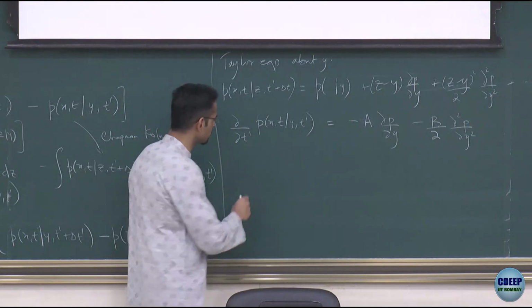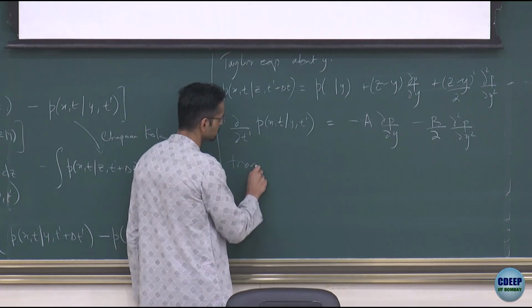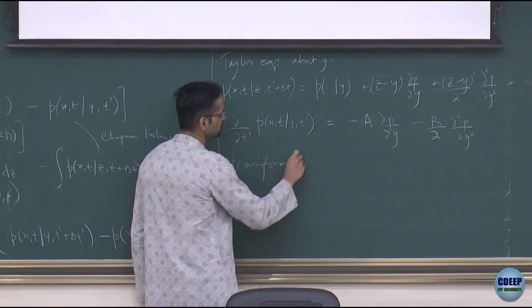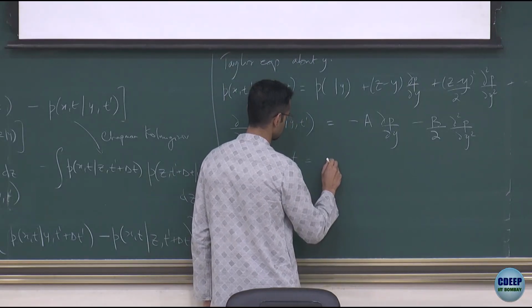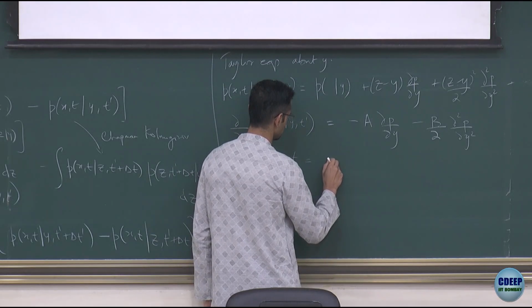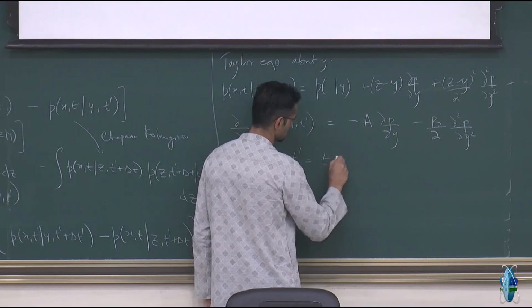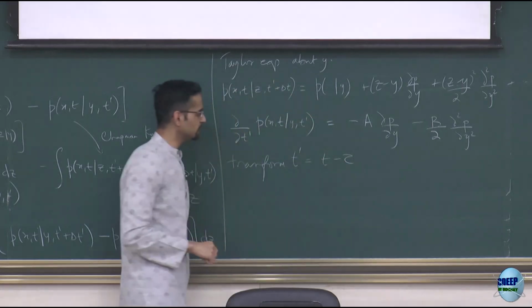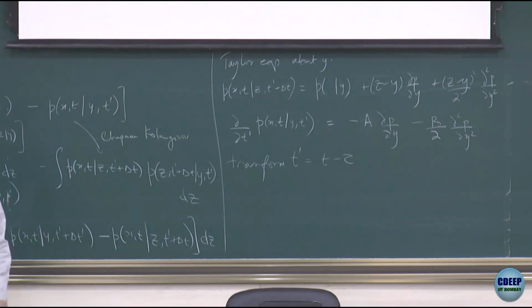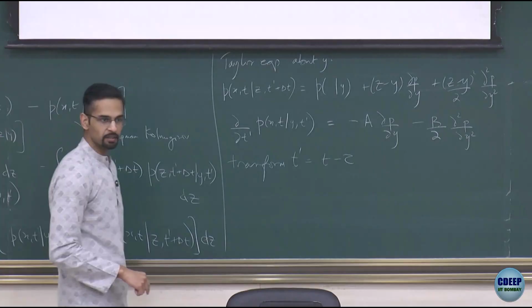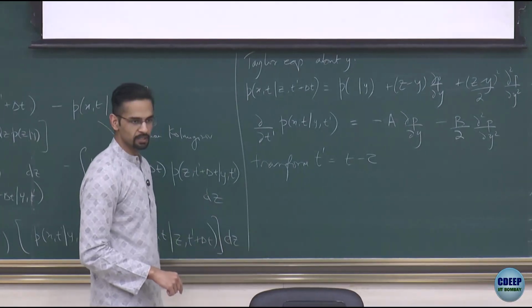So I'll just transform the time: I'm going to write t prime as t minus some time tau, and now as tau increases, t prime will go backward. And when tau is 0, t prime is equal to t.